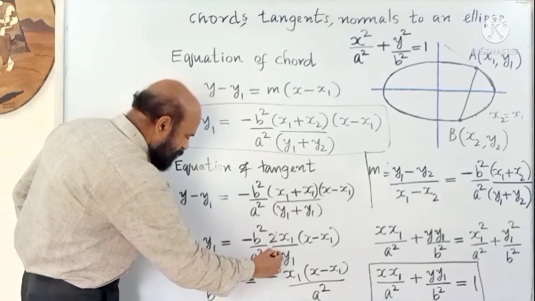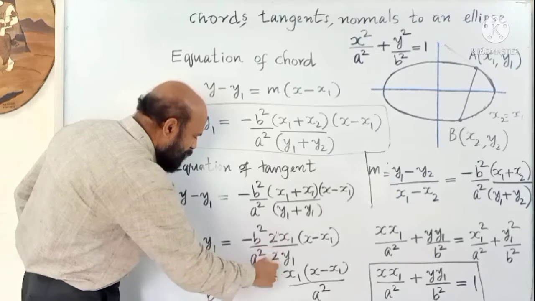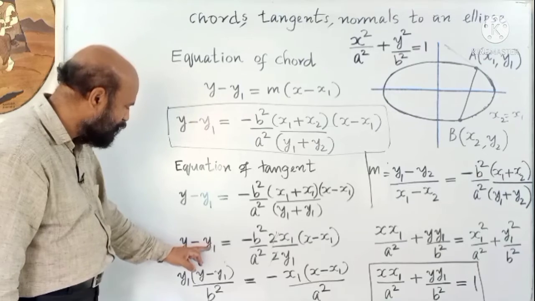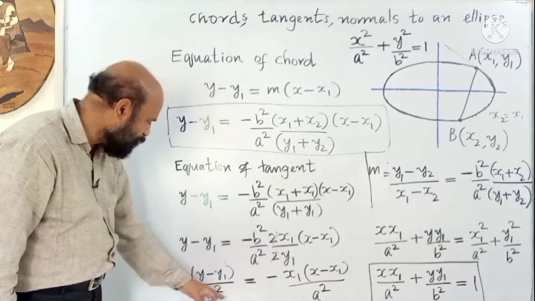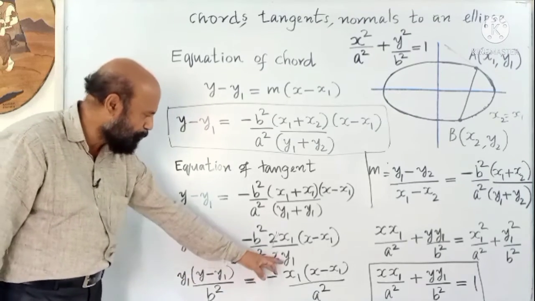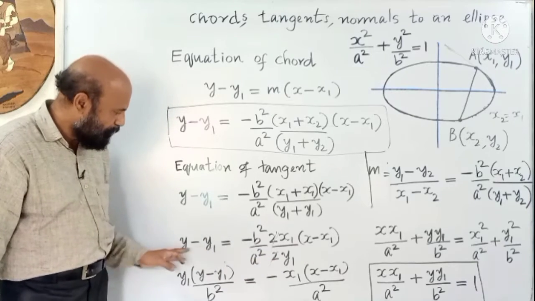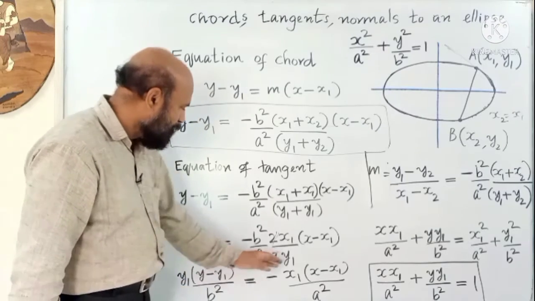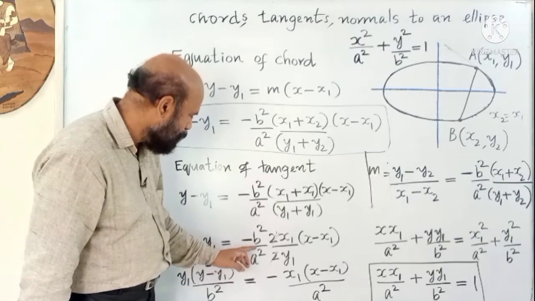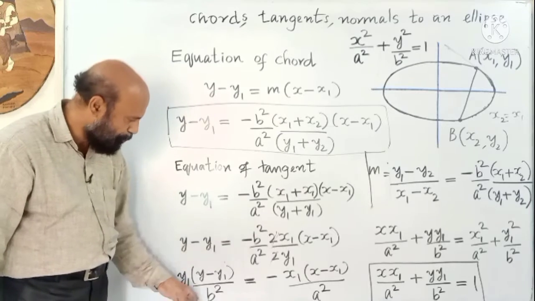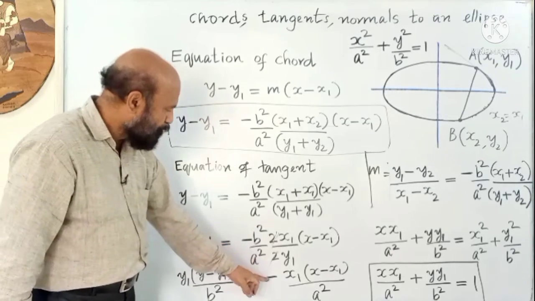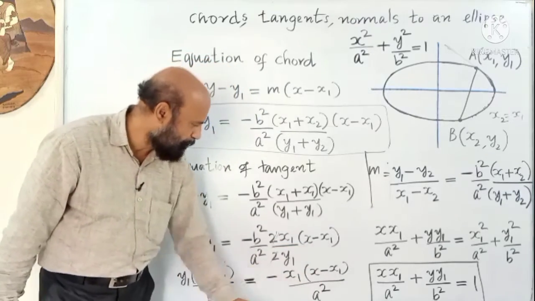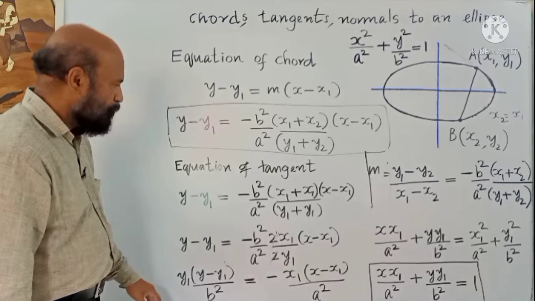Now this 2 will get cancelled. Then you rearrange y minus y1. Take this y1 to the other side, so it will come to the numerator: y1 times y minus y1 by b square. Now this b square you take to the denominator this side. Then minus x1, x minus x1 by a square.